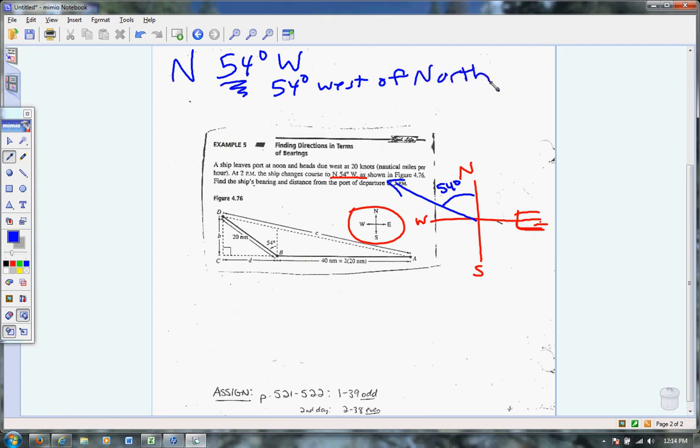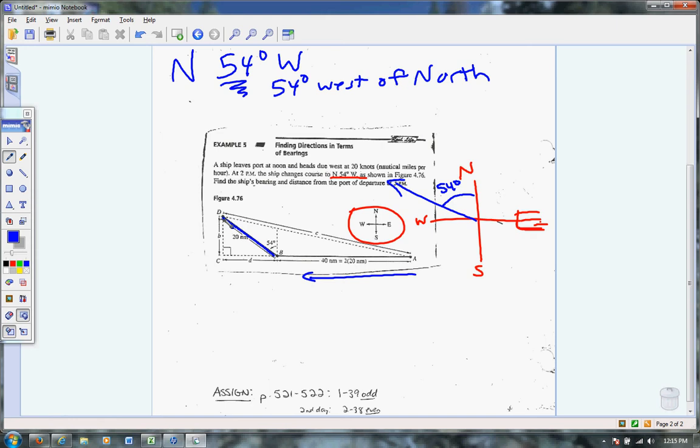Okay? So in this case, the ship leaves port at noon and heads due west at 20 knots. So you can see right here we have a picture. It heads due west at 20 knots, and then here is my bearing from 54 degrees west of north.